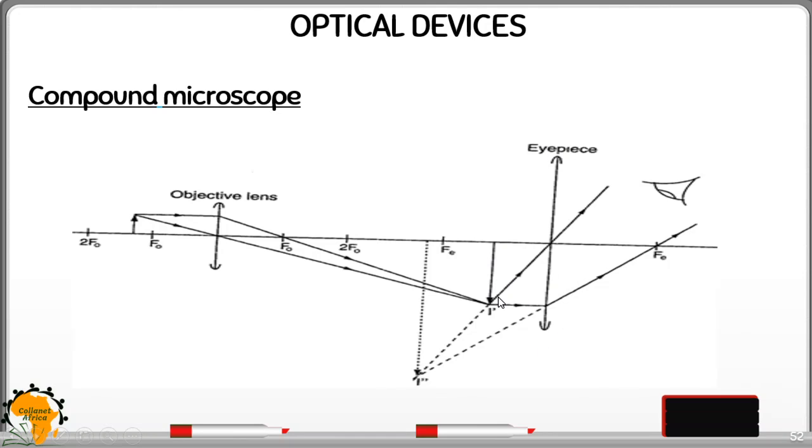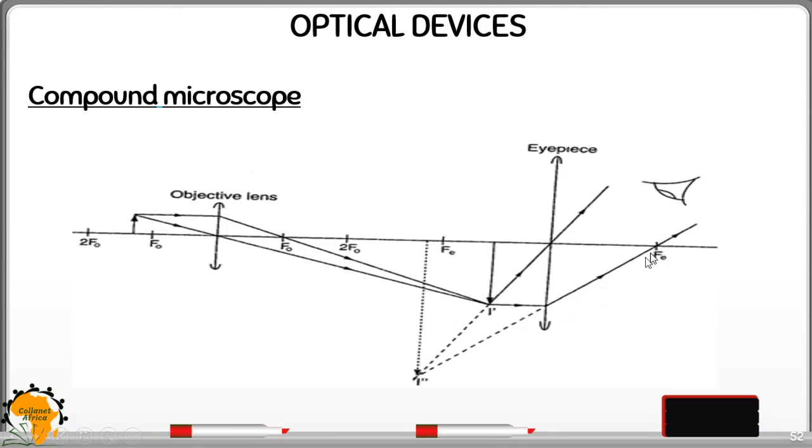So as you can see, we adjust the eyepiece lens such that we are able to get the object between F and the lens. So that now we consider the ray that is parallel to the principal axis, that ray will pass through F, and a ray that is passing through the optical center goes undeviated.